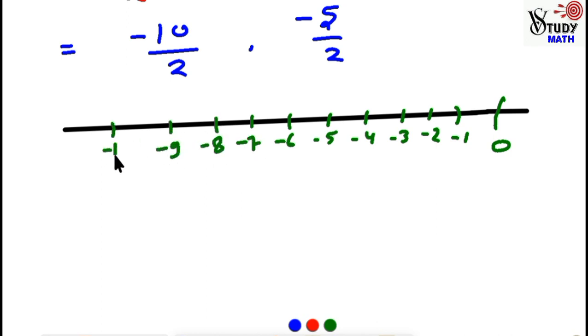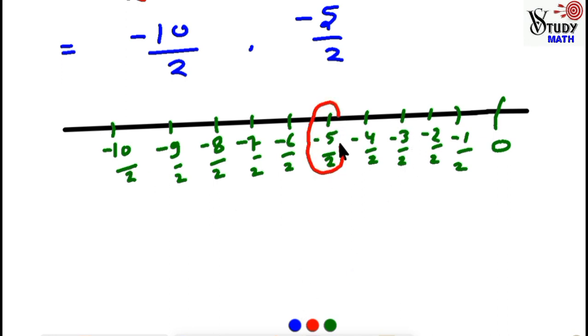Now divide each by 2. So one number is here and the second number is here, and between them we have to tell 4 rational numbers.